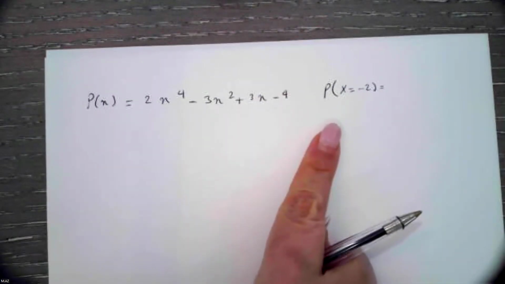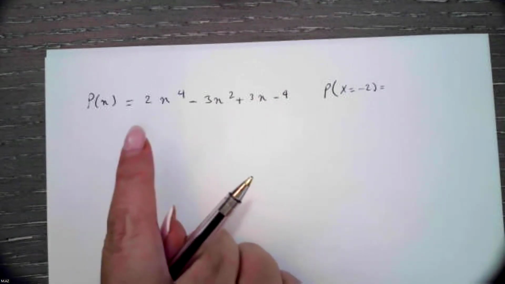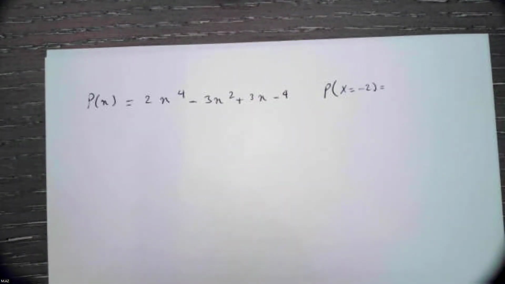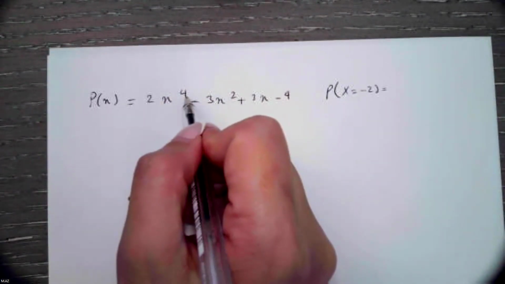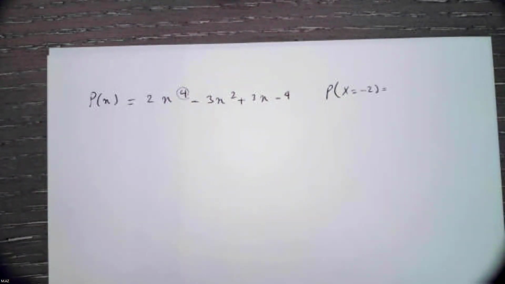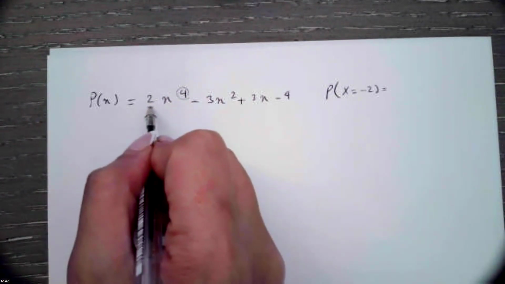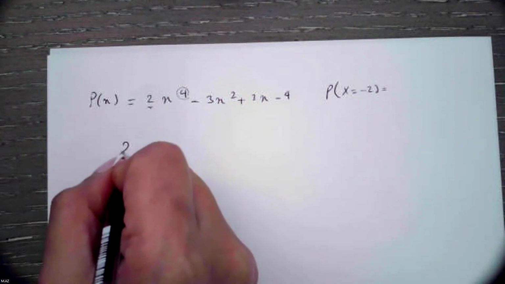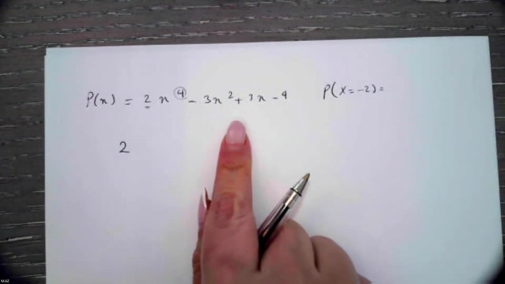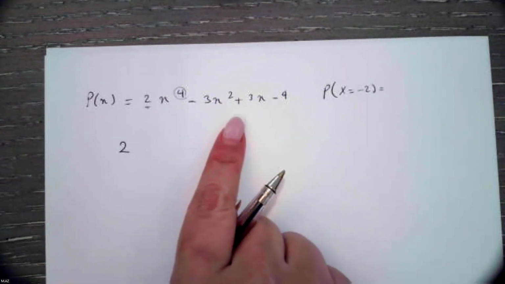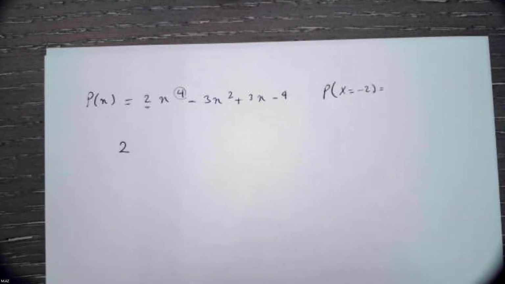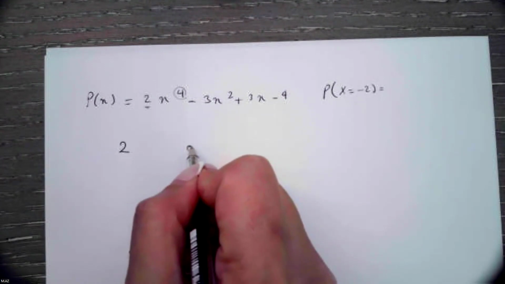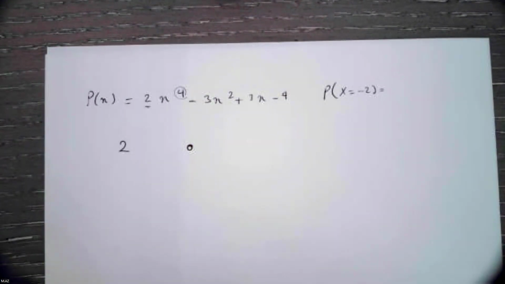Based on Horner's method, first we have to write all the coefficients of this function from the highest to the lowest. The highest order for this polynomial function is 4, and this is the coefficient of this term. This is 2. How about the coefficient for the next order, meaning x cubed? For this problem it is 0, and we have to write it.